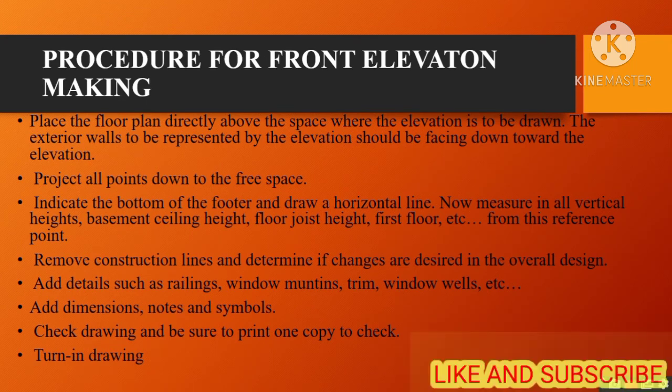Indicate the bottom of the footer and draw a horizontal line. Now measure all vertical heights: basement, ceiling heights, floor joist heights, first floor, and so on. From this reference point, remove construction lines and determine if changes are desired in the overall design.